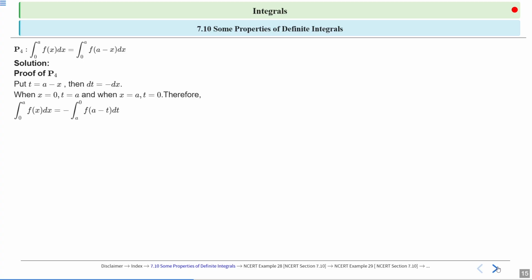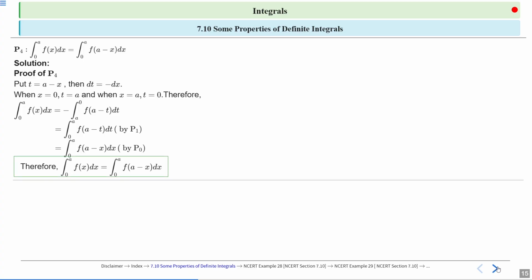So my integral becomes minus the definite integral from a to 0 of f(a minus t) dt. Now using P1, the limits are reversed, so we get the integral from 0 to a of f(a minus t) dt, as we take the negative sign and negative negative becomes plus. And now using property 0, we change the variable. We get the integral from 0 to a of f(a minus x) dx.